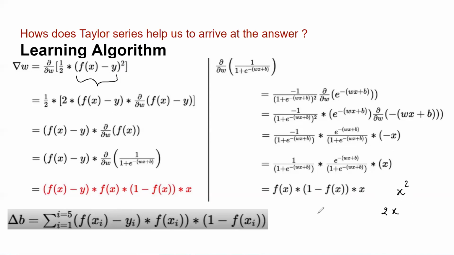Similarly, if you have to take a partial derivative of some function like (x minus y) whole square with respect to x, what will be the partial derivative? This will result in 2 times (x minus y), times 1.